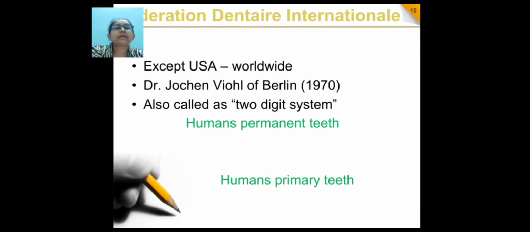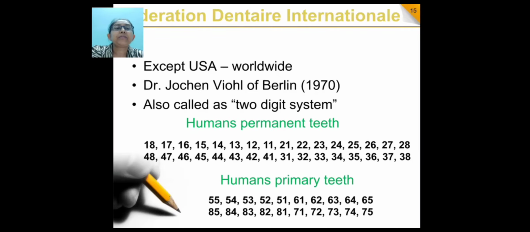In this 2-digit system, one digit indicates the quadrant, whereas the other indicates the tooth number. So here the numbers given were 1, 2, 3 and 4 for the quadrants of permanent teeth, whereas for primary teeth it was 5, 6, 7 and 8.